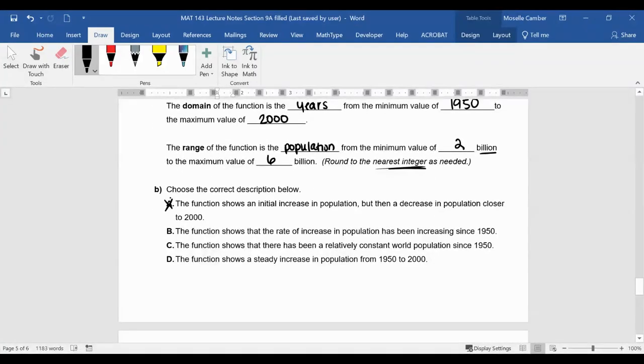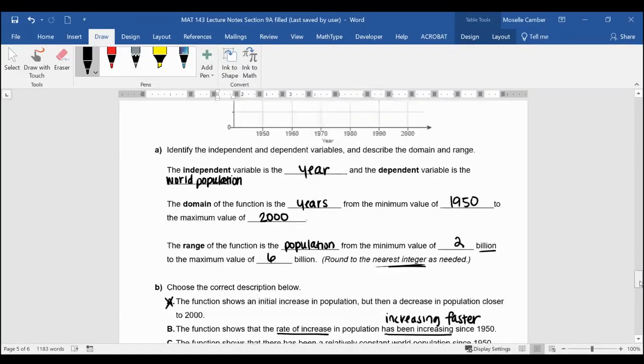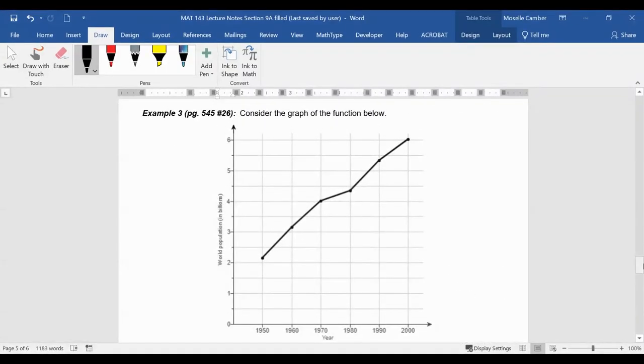For B, the function shows that the rate of increase in population has been increasing since 1950. So now it says the rate of increase has been increasing, which means that it is increasing faster. We'll talk more about this in the next section, but if it's increasing faster, then in 1960, in the same amount of time, it would go further.